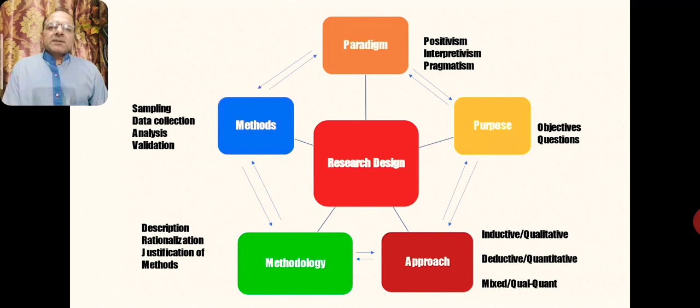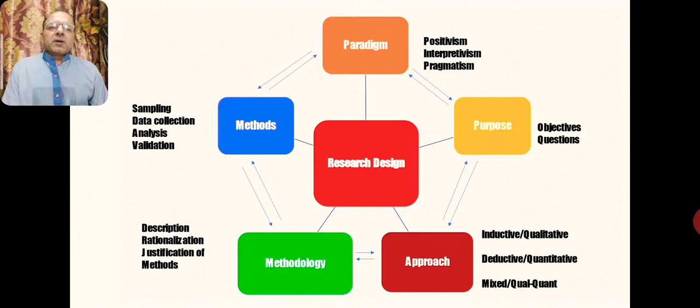A paradigm is the particular worldview of the researcher who is conducting the study. It is the worldview of the researcher that impacts other considerations related to the research design. So a paradigm is a particular worldview in which the researcher looks at the world or at social reality.